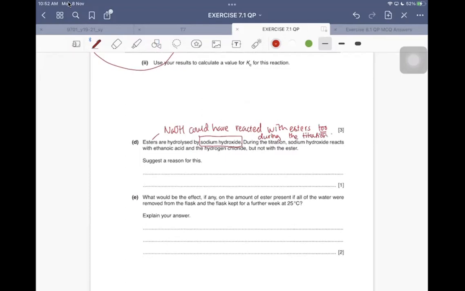However, during the titration, sodium hydroxide only reacts with ethanoic acid and the hydrogen chloride, but not with ester. So what is the reason for that?